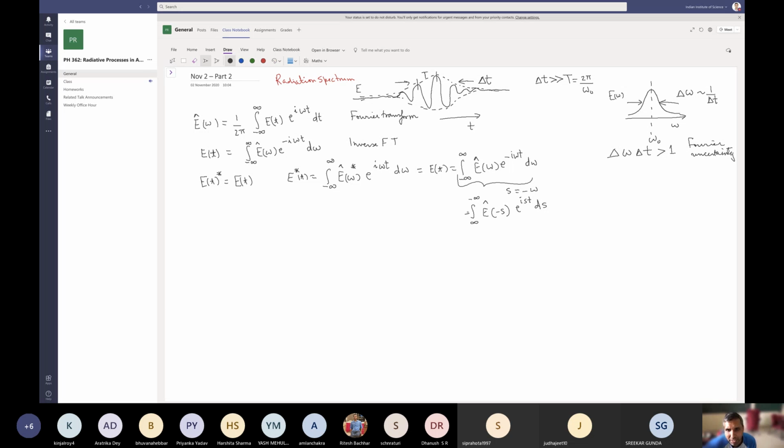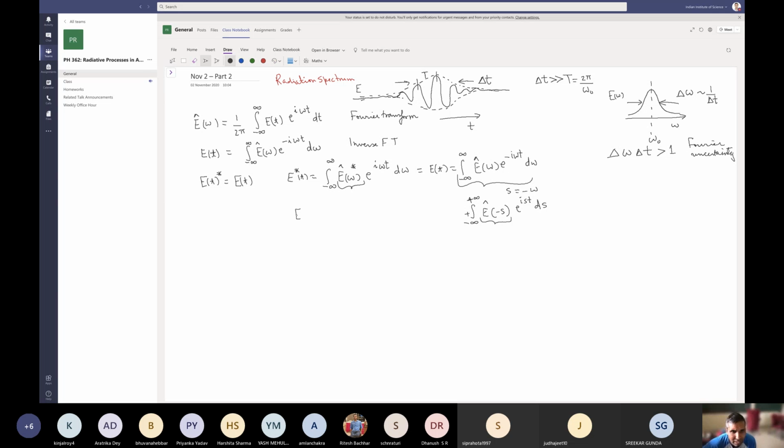Right, so this minus sign just becomes like this if you put the limit from minus infinity to plus infinity. So what you see is that the form of this integral is the same as that, right? And now, this s and omega are really labels. So this term and this term have to be the same.